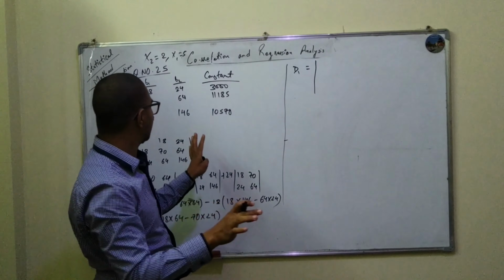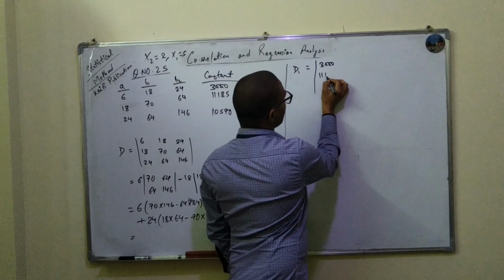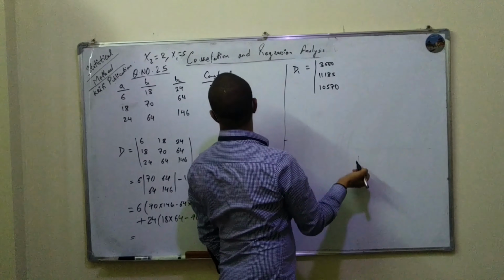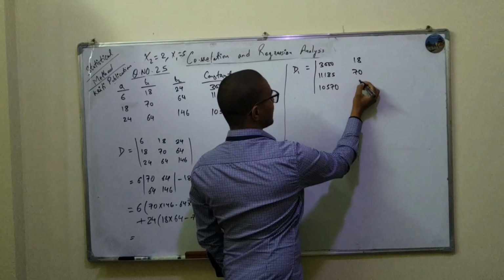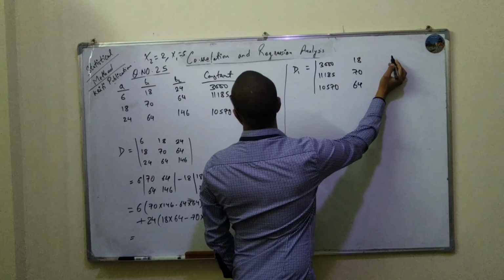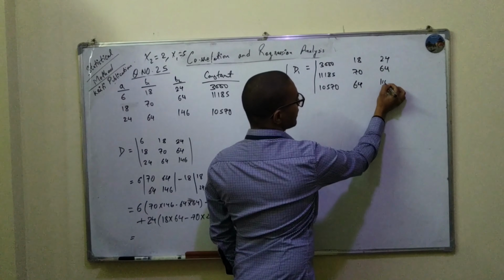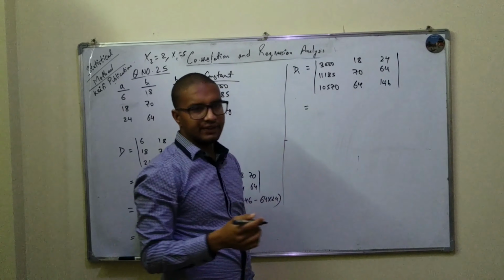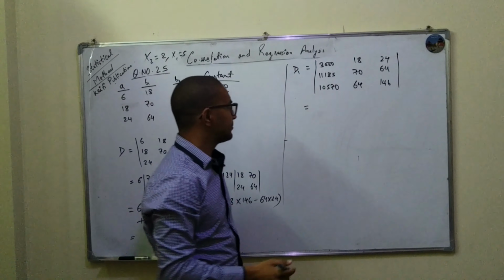That's pretty much what I'm doing. 3000, 11,185, 10,570, 18, 70, 64, 24, 64, 146. And then again, same as D, let's do the same thing.